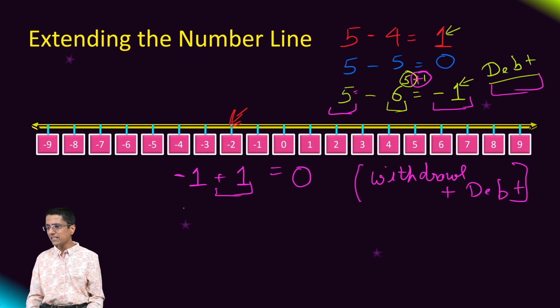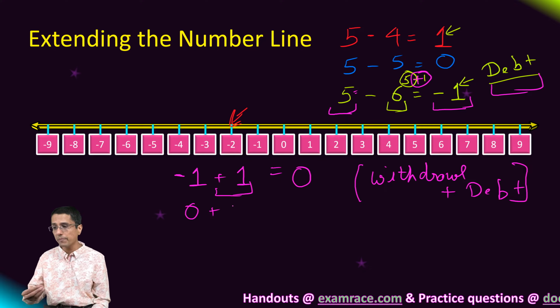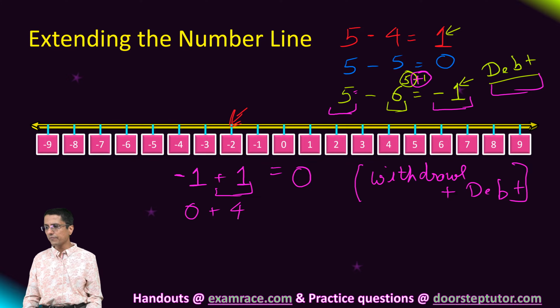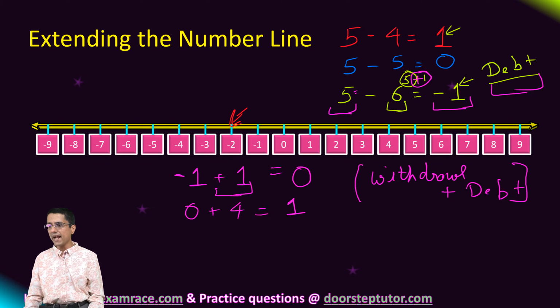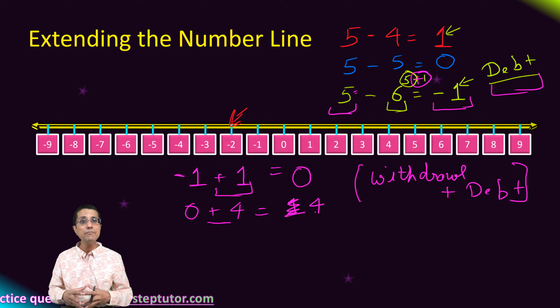The second thing is that on top of this 0 balance, if I make more deposits, let's say that I deposit 4 rupees, then those would be added to my bank account. So if I deposit 4 rupees, my balance would really become 4.